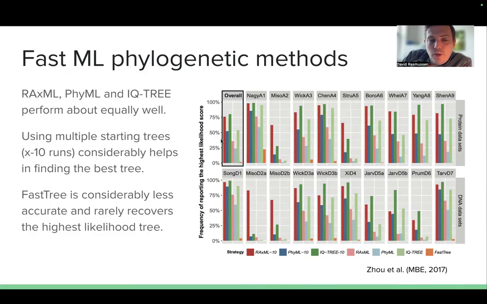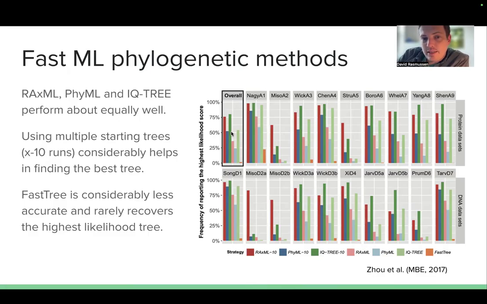Meanwhile, the comparison being made here between the darker colors and the lighter colors is comparing the performance of the other three methods, RAxML, PhyML, and IQ-TREE, when just one search is done versus doing 10 independent searches starting from different initial trees.